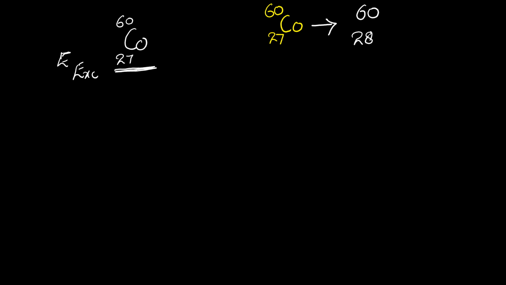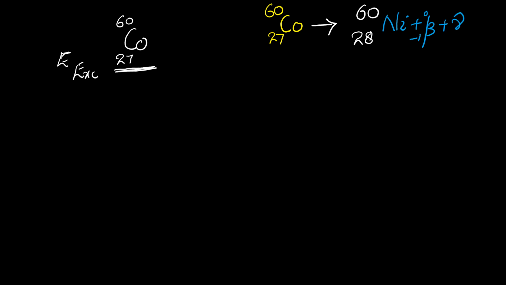If we check the periodic table, the element with atomic number 28 is nickel. So cobalt is transformed by beta decay into nickel, and during the transformation it also releases a beta particle plus gamma rays.